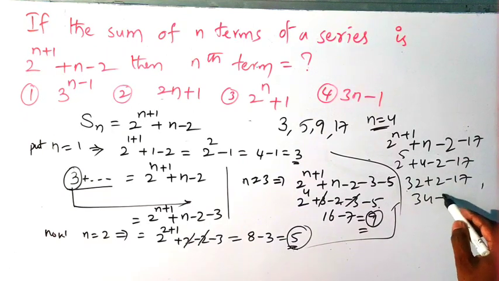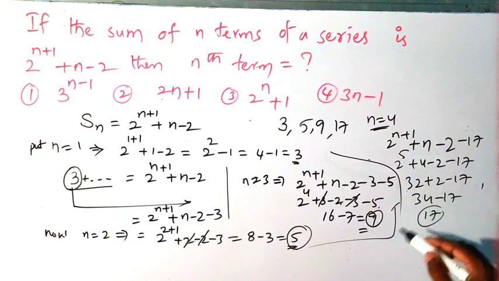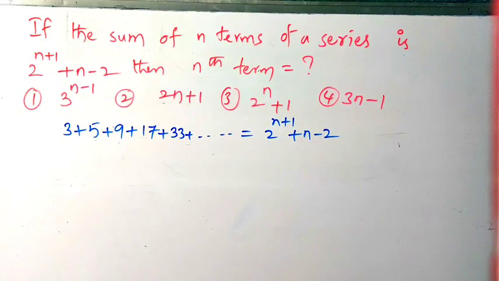So 34 minus 17 is nothing but 17. So the given series is in the form 3 plus 5 plus 9 plus 17 plus 33 and so on, which equals 2 power of n plus 1 plus n minus 2. This is the series. Now we find the nth term of this one.